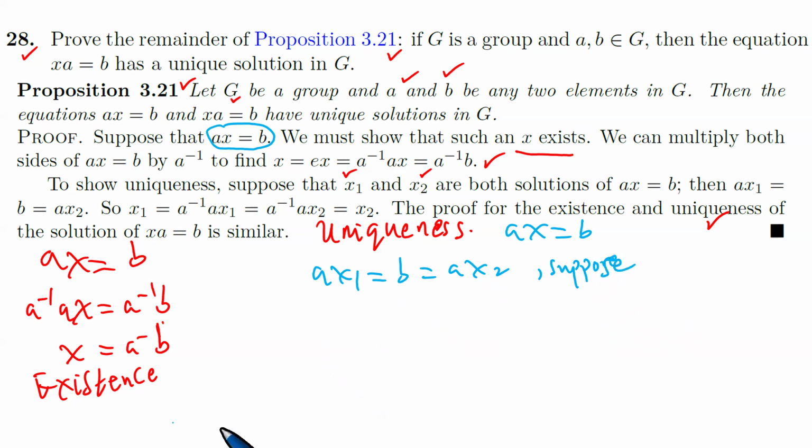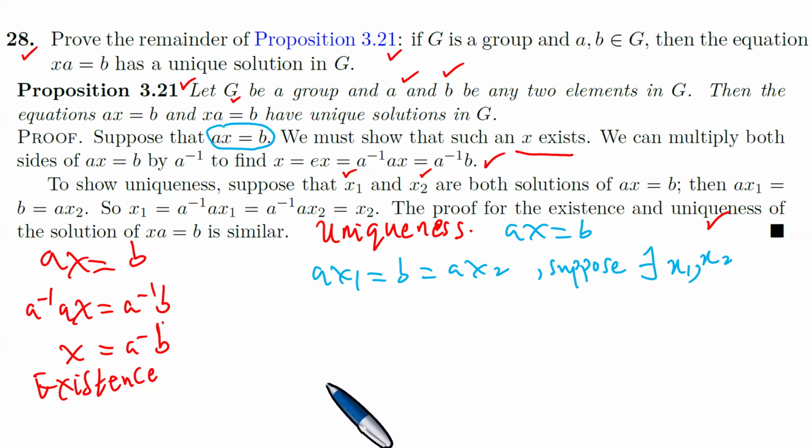We suppose there exist two solutions, X1 and X2. Now it remains for us to bring some justification and show that X1 is equal to X2.